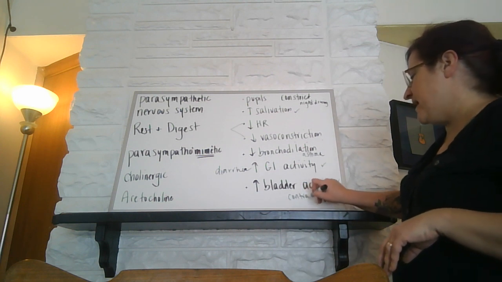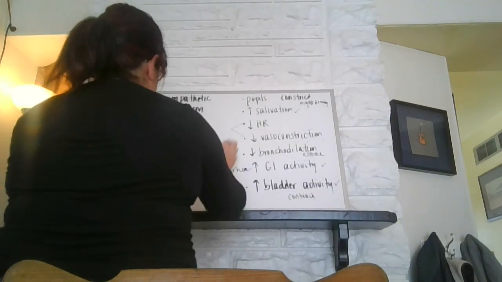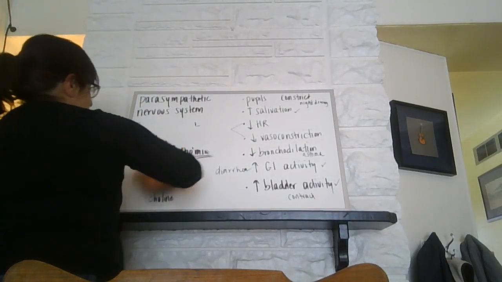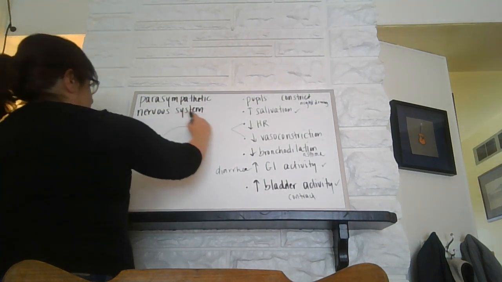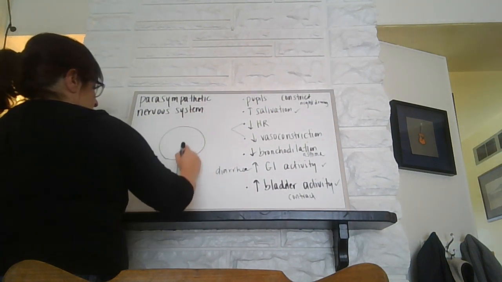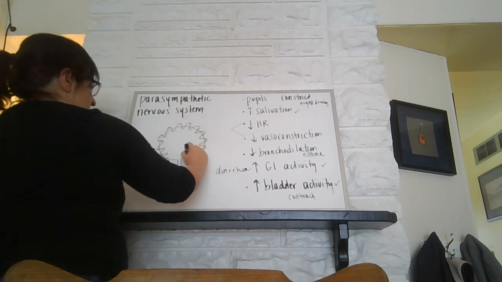So we have to go back to our picture. So let's say now we're back to the bladder picture with the detrusor muscle and then the external sphincter. So here's the detrusor muscle.